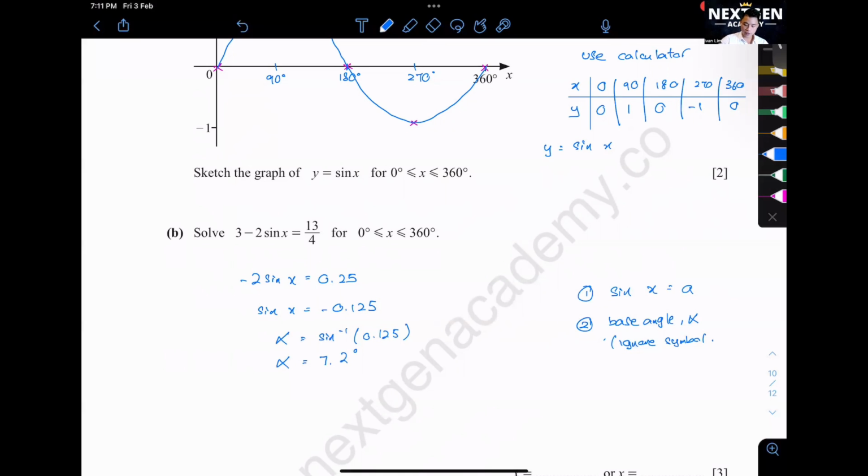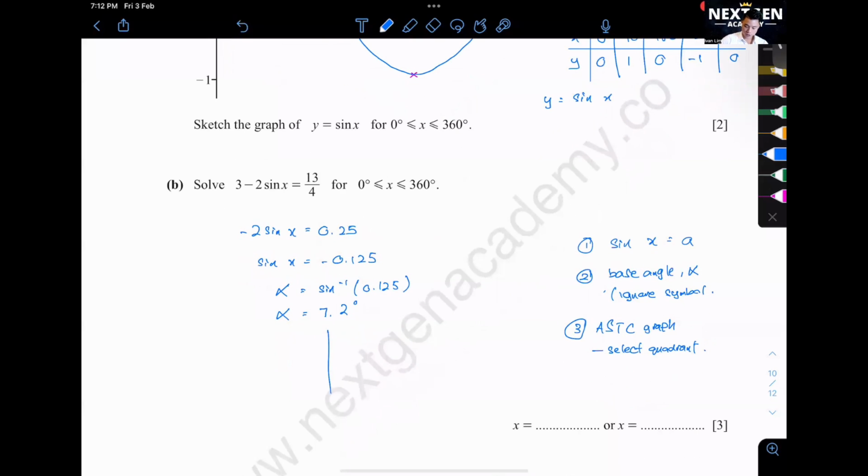After we find this, number 3, what do we do? Number 3, we do the 4 quadrants, right? Your ASTC graph, then select quadrant. So everyone draw out your ASTC graph.